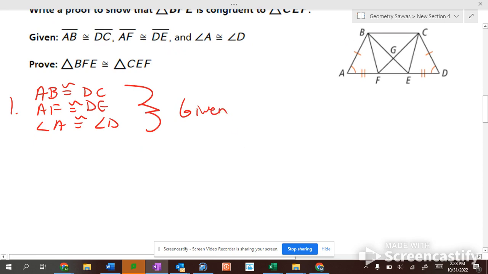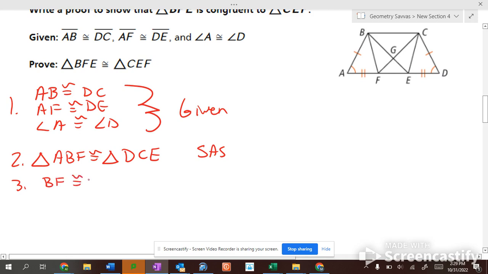Then, I can say triangle ABF is congruent to what triangle? Triangle ABF over here is congruent to DCE. It has to be in that order. Order is important. What tells me that? Side angle side. Side angle side says that those are congruent. Then I can say BF is congruent to CE by what?